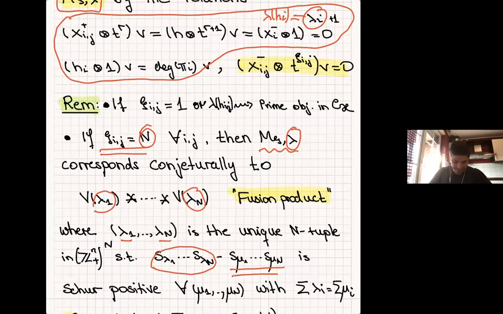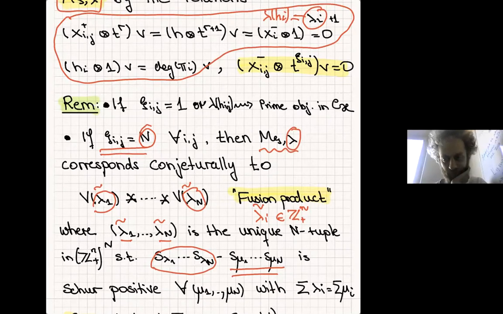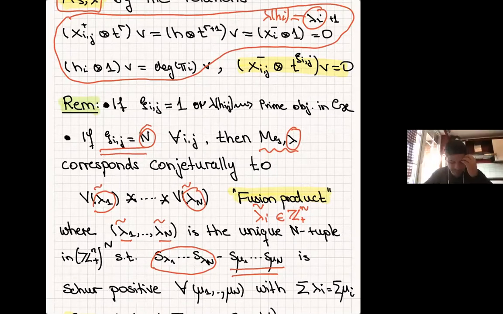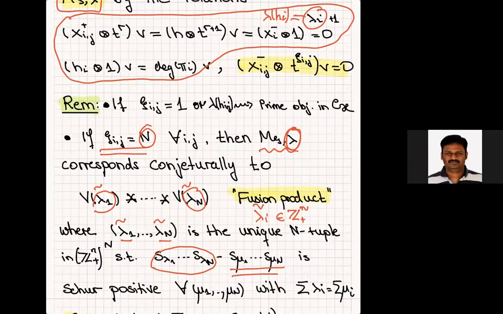Sorry, this is lambda_1 tilde up to lambda_n tilde, and each lambda_i tilde is again a dominant integral weight, so it's a tuple of dominant integral weights. Thank you. You can uniquely associate this lambda_1 tilde up to lambda_n tilde to this lambda over here and this n, but it's not the lambda of h_i from this. Sorry for that. It's not related to it.